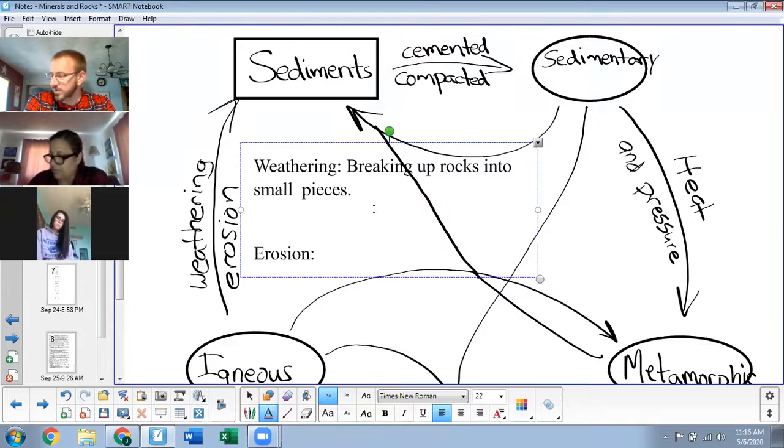Okay, so if I took a hammer and I smashed a rock, technically I would be weathering it. How it happens in the real world is you could have a glacier that's literally scraping rocks into small pieces. You could have rain that hits a rock and slowly breaks it down into small pieces just through friction, essentially.